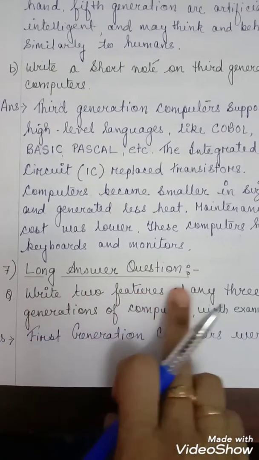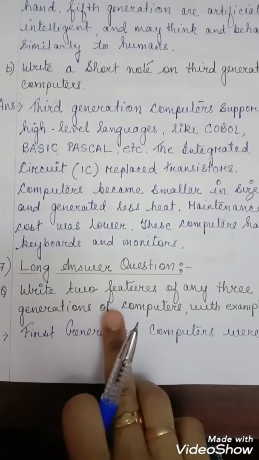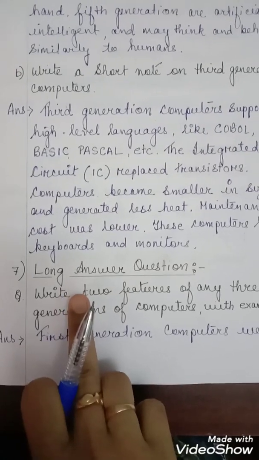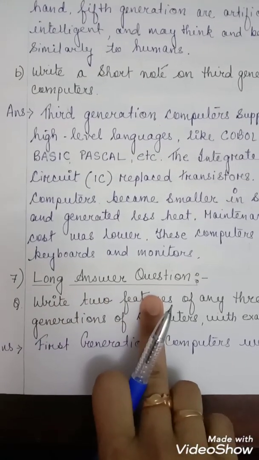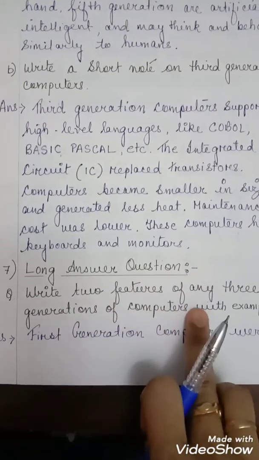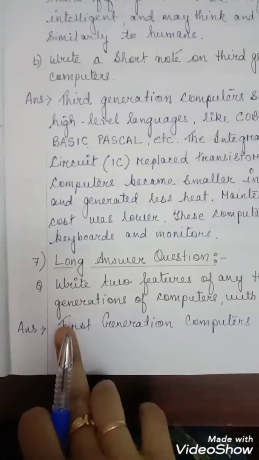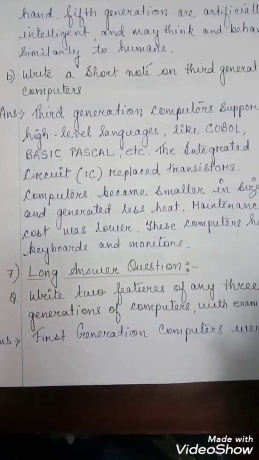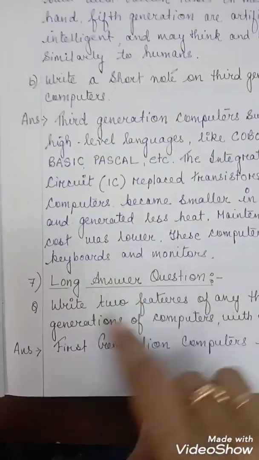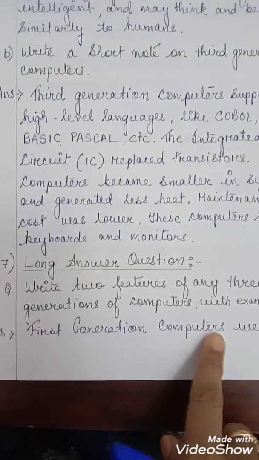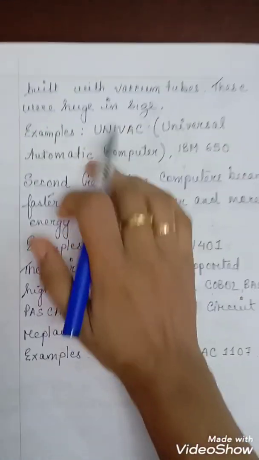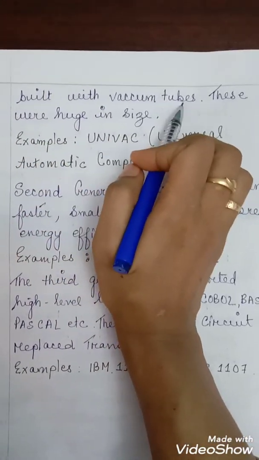Next is long answer questions. Write 2 features of any 3 generations of computers with examples. So what you have to do here? Write 2 features. Features means characteristics of any 3 generations of computers with examples. So we will write from first generation computer, right? First generation computers were built with vacuum tubes.